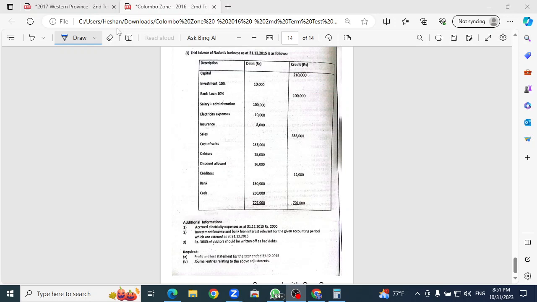Think like this is your examination, right?